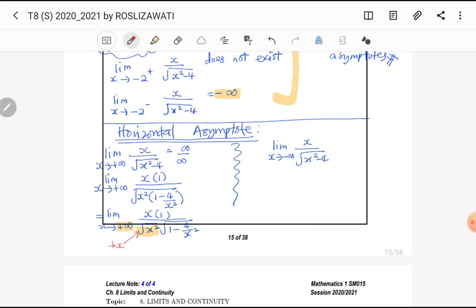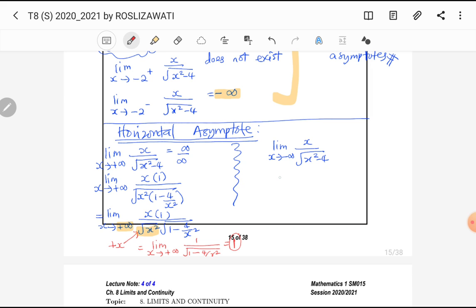Okay, faham eh? Okay, then after we simplify, we will get limit x approaches positive infinity. The function becomes 1 over square root 1 minus 4 over x squared.